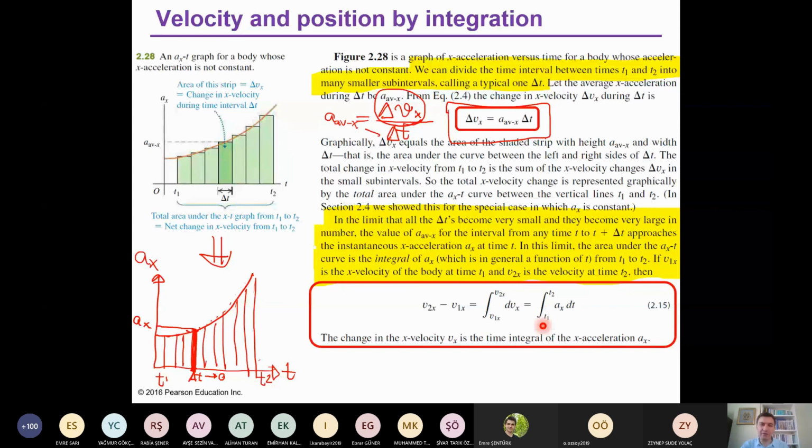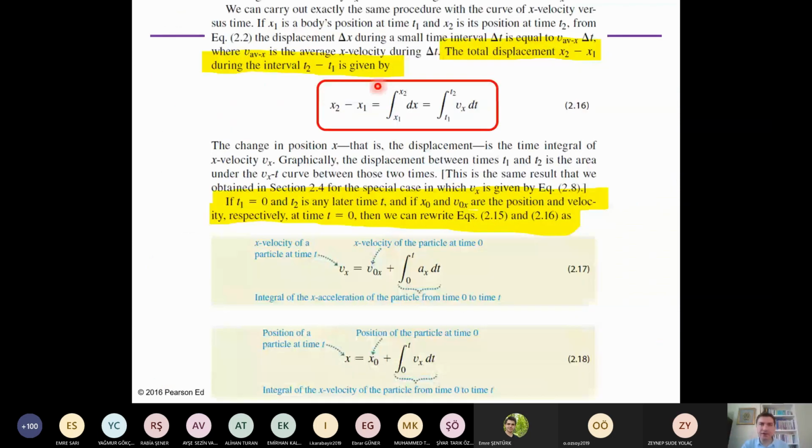Okay, so I can write the velocity with this term, and then let's consider that you are calculating the total displacement. What was the displacement? So V average x, you know from the first lecture, is delta x over delta t, right?